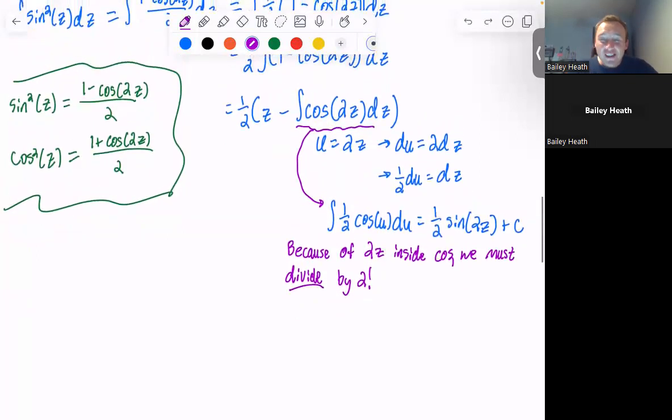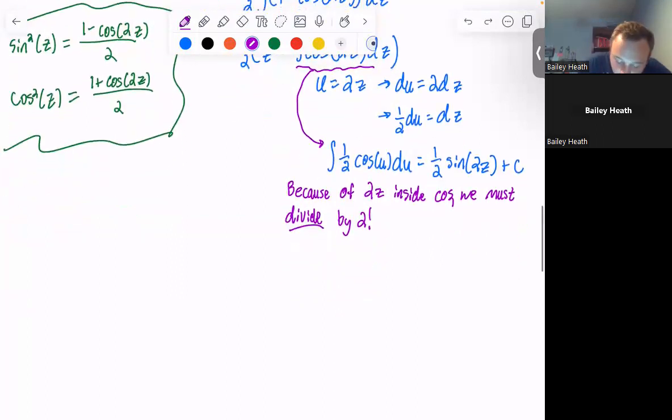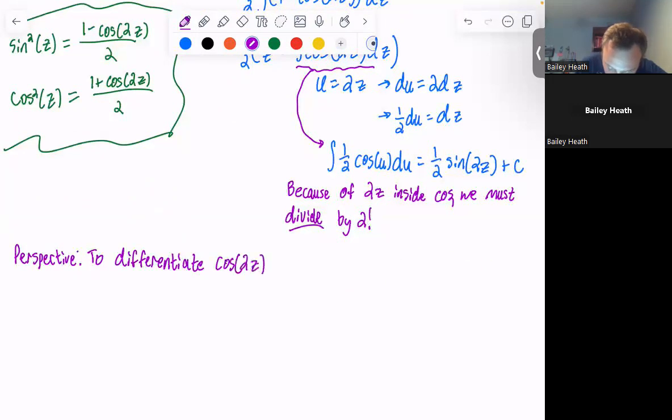So another way that you can think of this, which kind of gets you to the same place, but maybe a hair quicker. Another perspective: to differentiate cosine of 2z, we must multiply by 2, because of the chain rule, right?